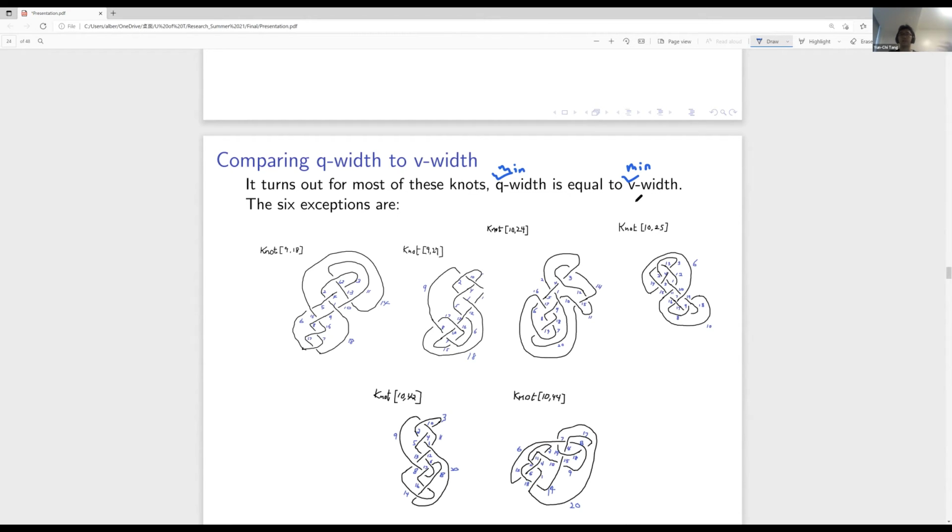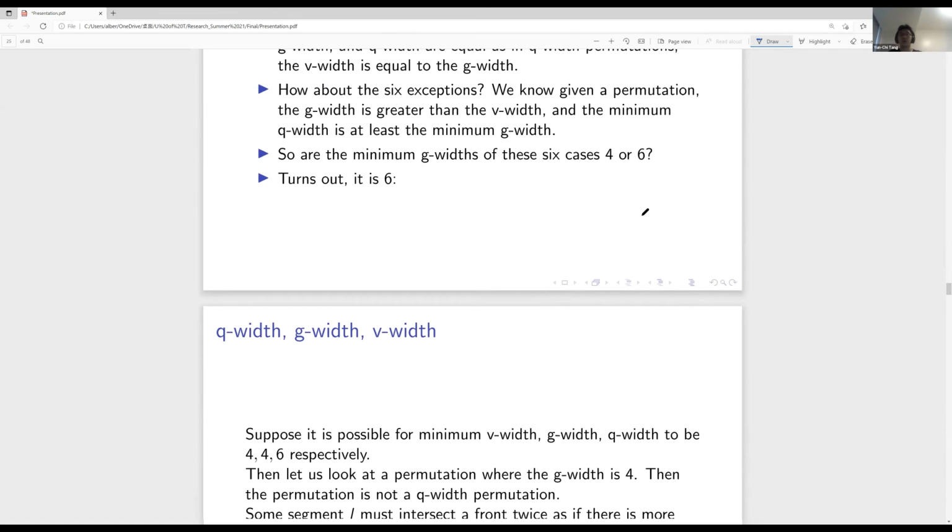And in fact, I'm going to claim that the minimum graphical width of these 6 knots is going to be 6, which is interesting in that what the width is from a computational standpoint is not going to be equal to what the width is from a graphical standpoint. So I'm going to very, very quickly go through a proof.